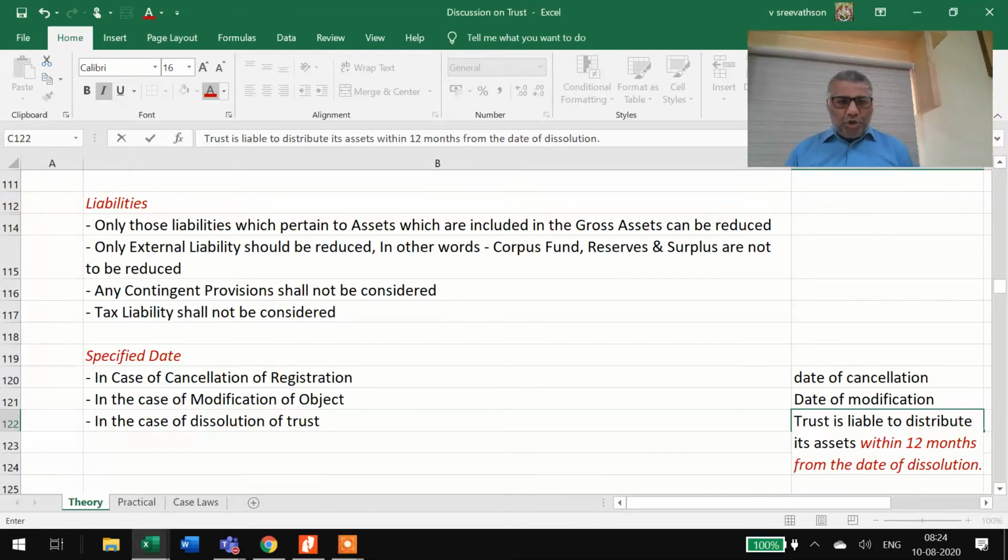Okay, I will give you 12 months. Distribute the assets to another trust. So specified date here is the end of 12 months.